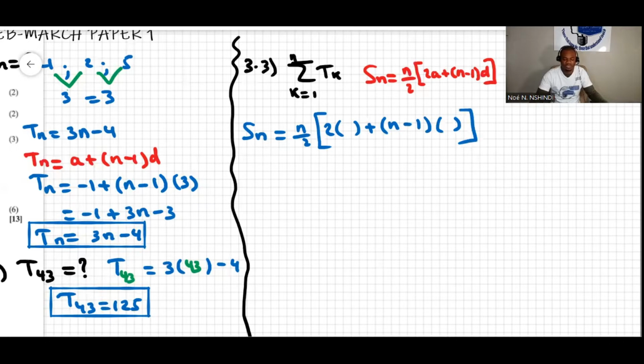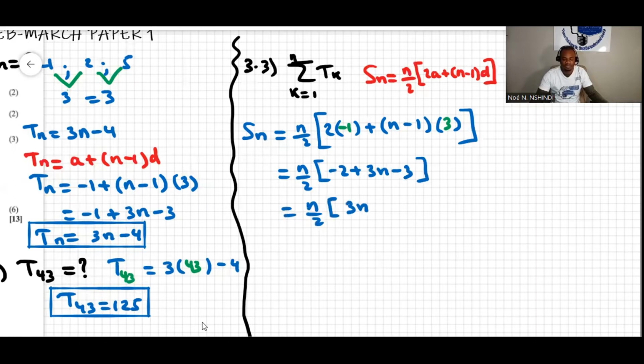Substituting the values, a is -1 and d is 3, and this will be n over 2 times -2 plus 3n minus 3.